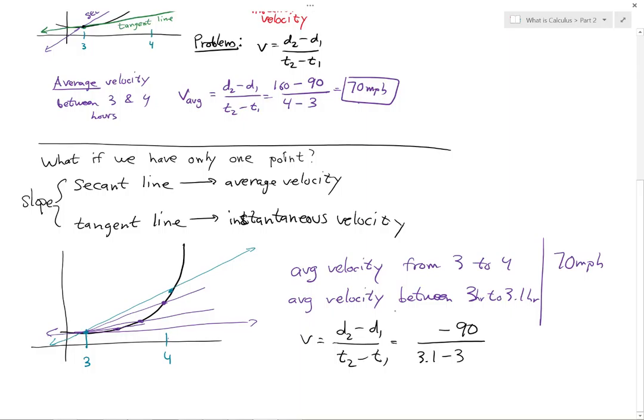And over here, we're going to want 10 times 3.1 squared. 3.1 squared times 10 gives us 96.1. We take that, subtract 90, and divide by 0.1, and we get 61 miles per hour.